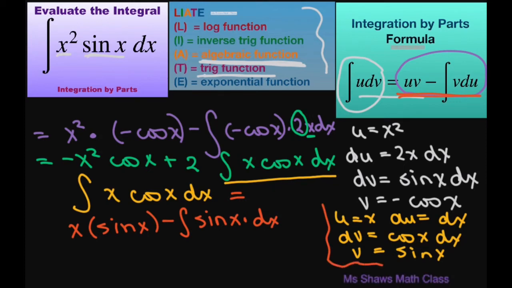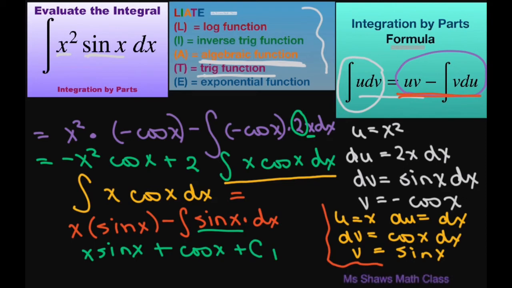All right, now let's go ahead and integrate this piece. For this piece, we're going to get x sine of x. Antiderivative of sine of x is negative cosine, so you get plus cosine of x plus c1.